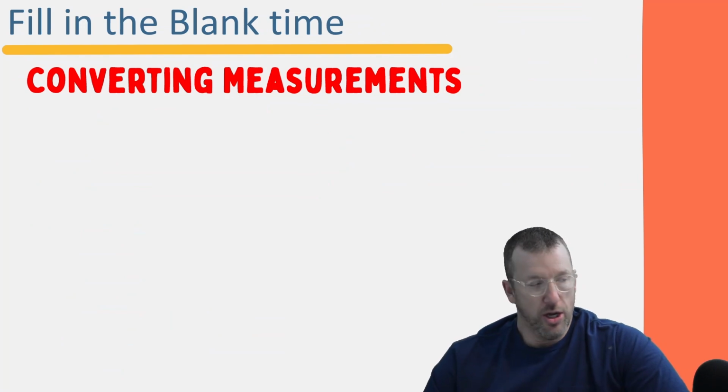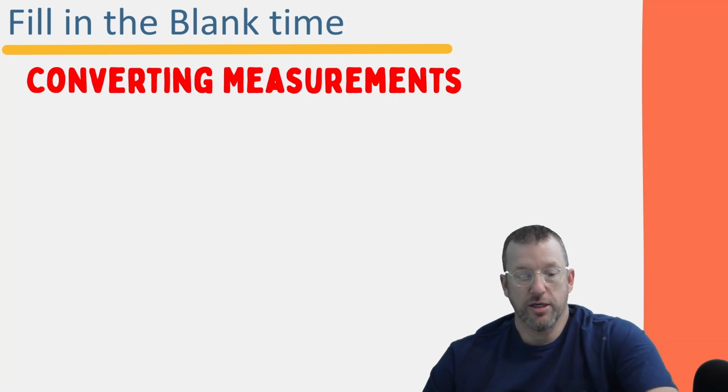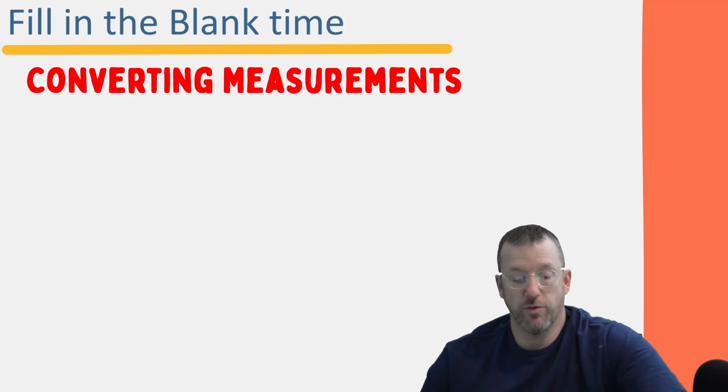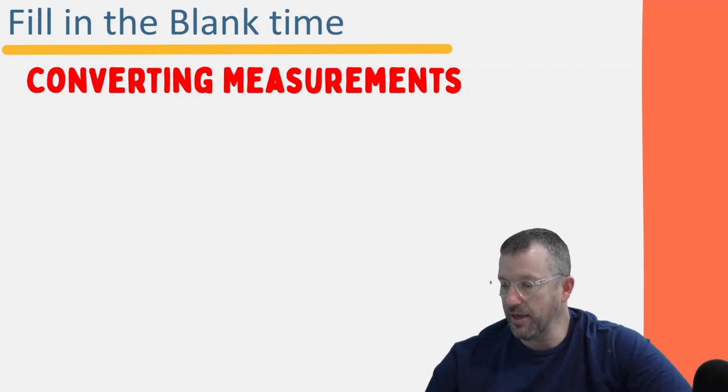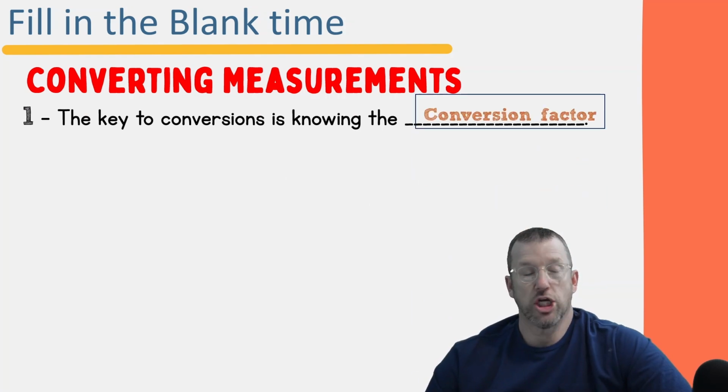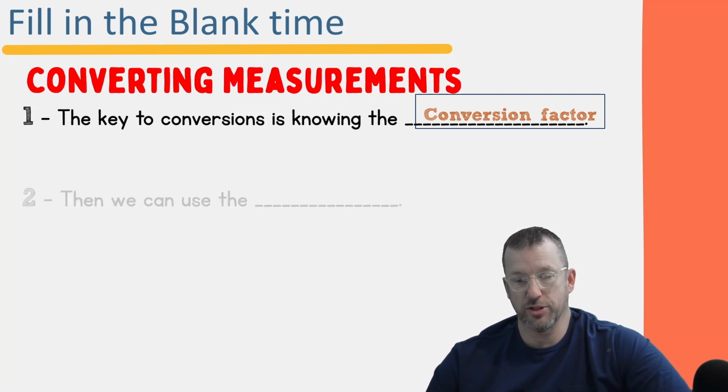All right, so let's go ahead and fill in the blanks. Again, all you have to do is know your initial ratio, which is the conversion factor, and set that conversion factor equal to the other ratio, which has something that we know and something that we're missing. So the key to conversions is knowing the conversion factor. What are we converting? Inches to centimeters, and that last one was 1 inch equals 2.54 centimeters.